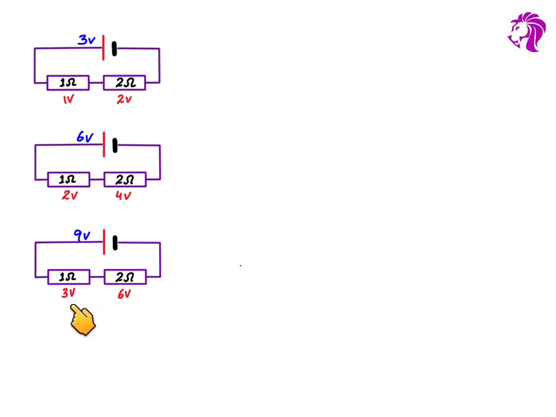Does that make it 9 over here? 2 and 4, does that make it 6 over here? 2 and 1, does that make it 3 over here? So I can say that the total PD in a series circuit is the sum of individual PDs. And added to that, I can say that the total PD is what? It's the EMF of the source, isn't it?